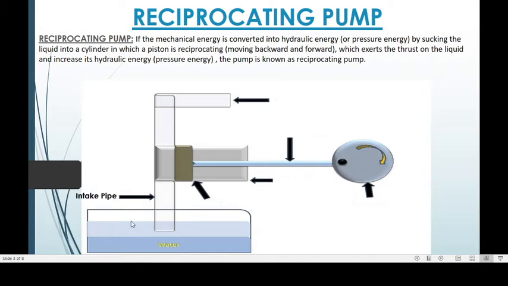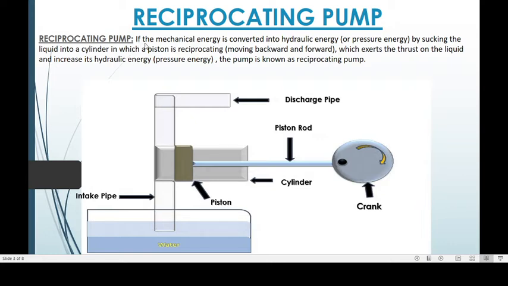So here we will see this is the intake pipe, this is the water, next that is the piston, this is the cylinder, this is the piston rod, this is your crank, and this is the discharge pipe, or delivery pipe.